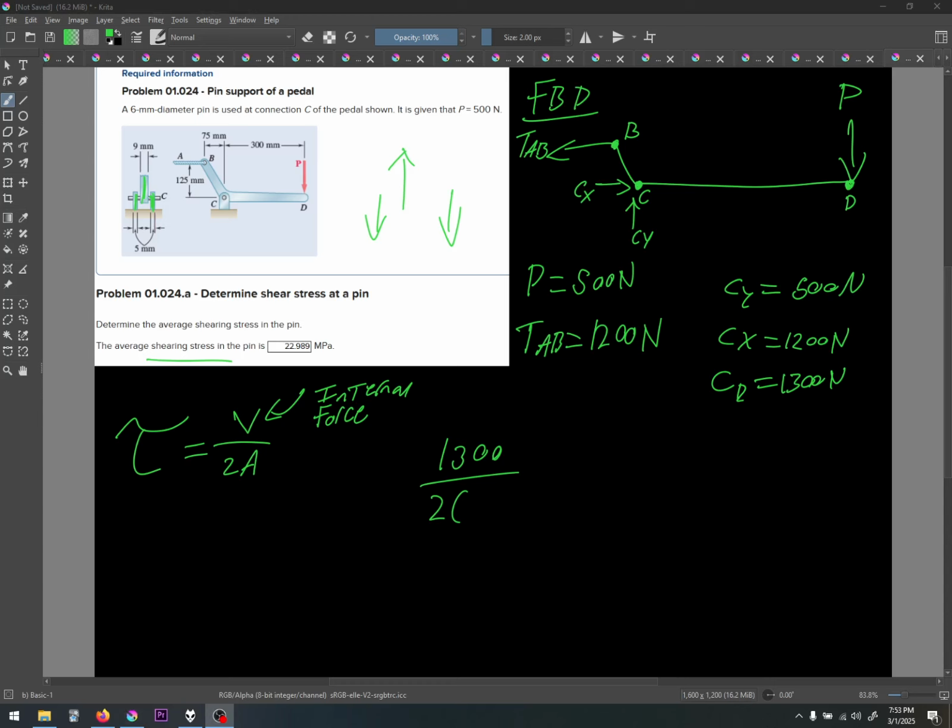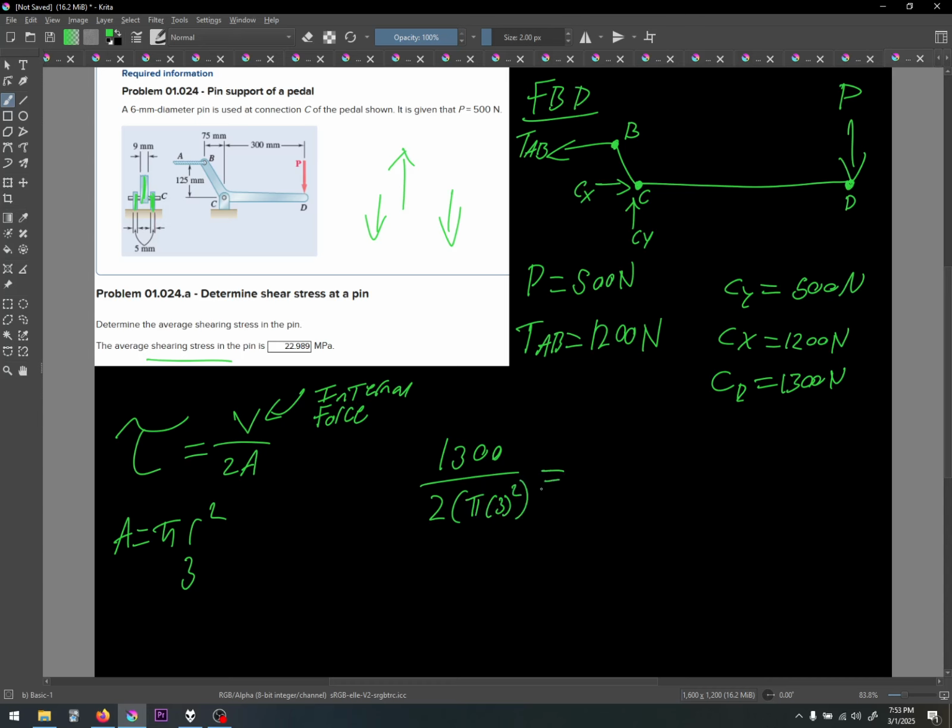The diameter is 6, so the area is pi times r squared. The r is going to be 3 because r is half of the diameter. So it's 1,300 over 2 times pi times 3 squared.